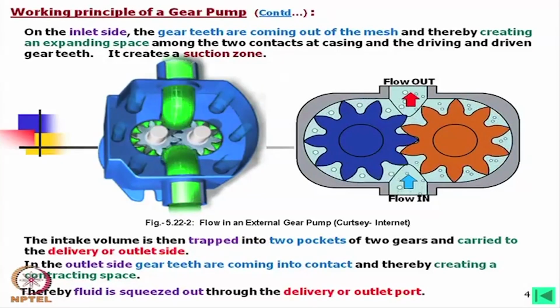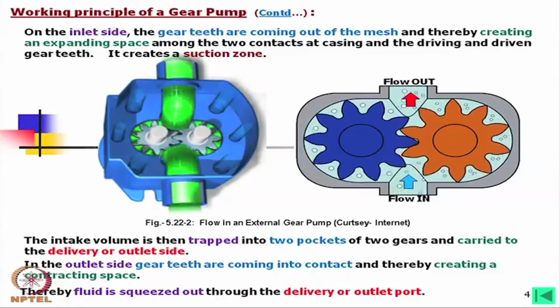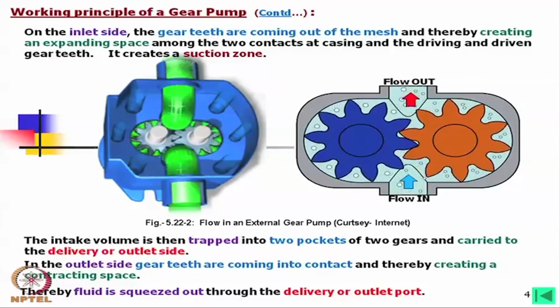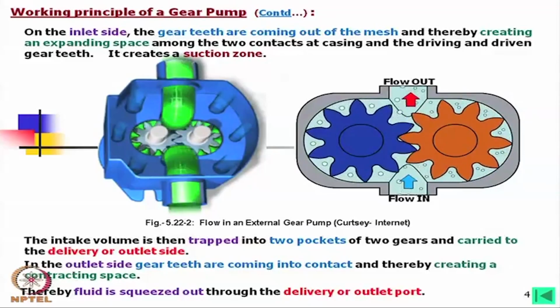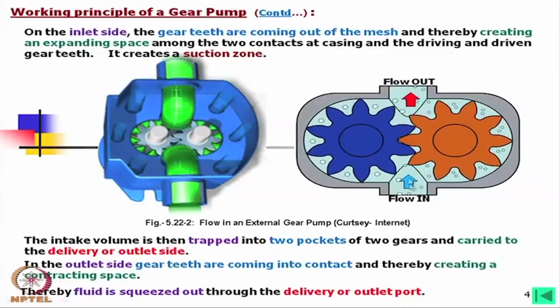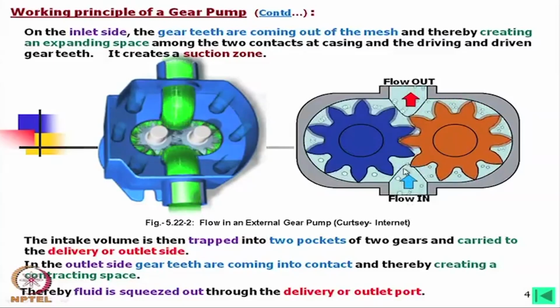And in the case of a motor, if we think of the motor, then this process is just reversed. What will be the case? The oil will be pumped in from this side, okay, in the case of a motor, and the volume will expand.